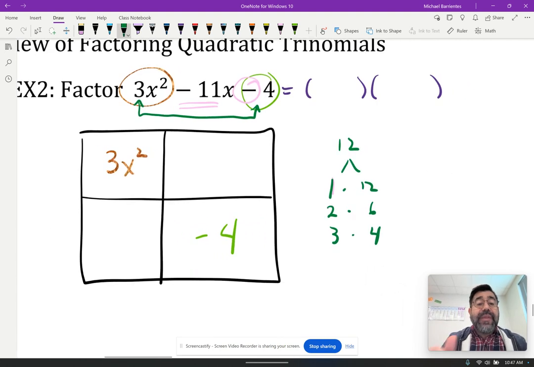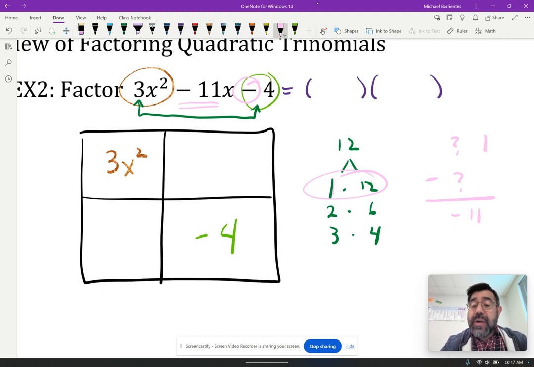But I'm looking for the pair that when I subtract the numbers, I get a negative 11 as my answer. If I subtract 4 and 3, I'm either going to get positive 1 or negative 1. If I subtract 6 and 2, I'm going to get either positive 4 or negative 4. If I subtract 1 and 12, I'm either going to get positive 11 or negative 11, depending on the order that I subtract. So I think this is the actual pair that I want, but I have to do it in a special order.